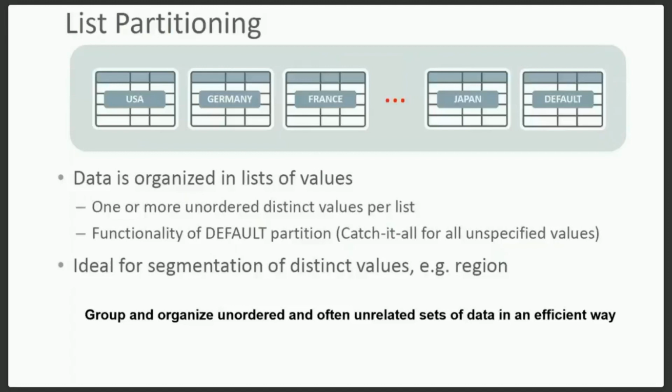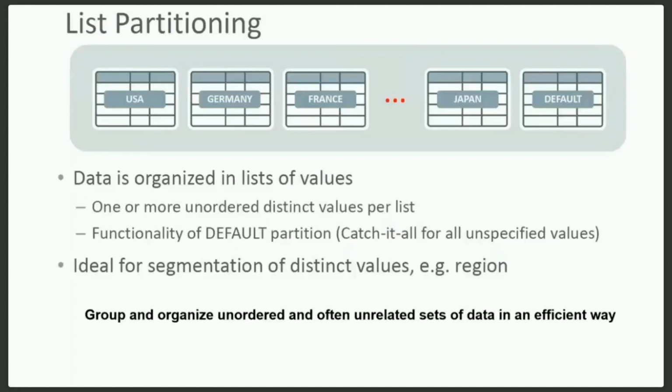So in this case, I have maybe customer data, and I want to partition it based on the country that the customer is located in. So data is organized in this case based on some kind of list of values. It's ideal for segmentation of data based on some kind of distinct value, which in this case is region.